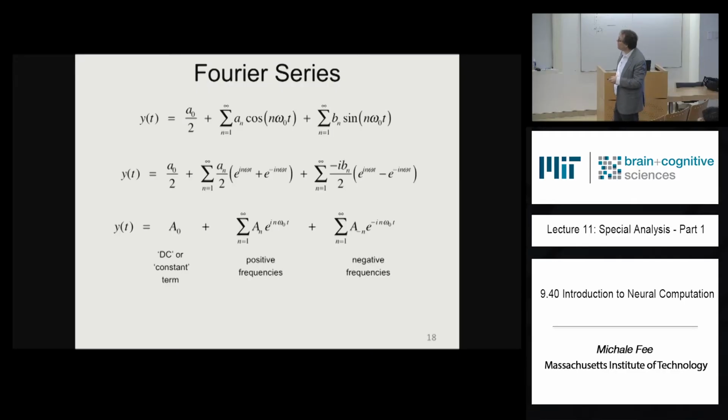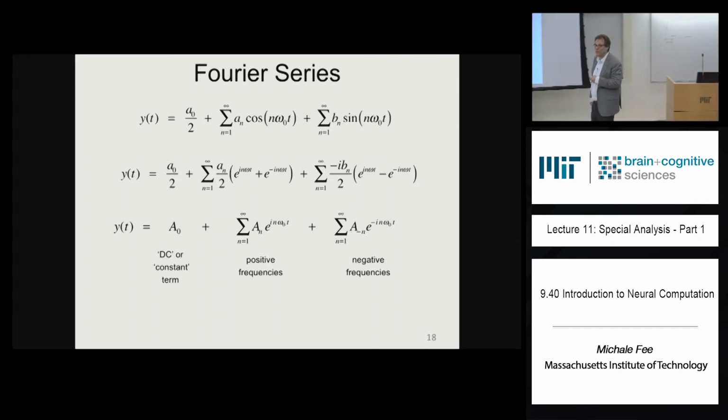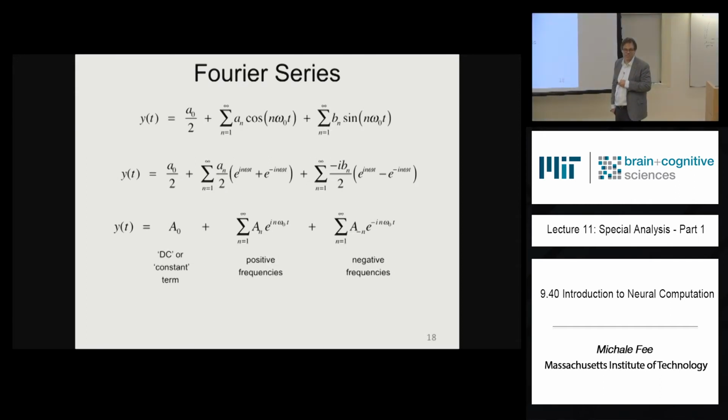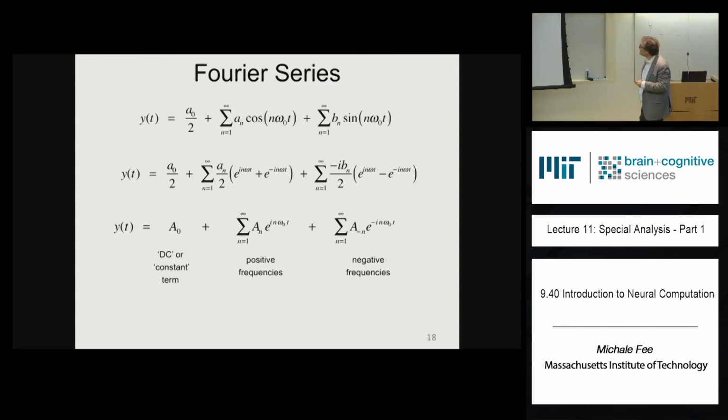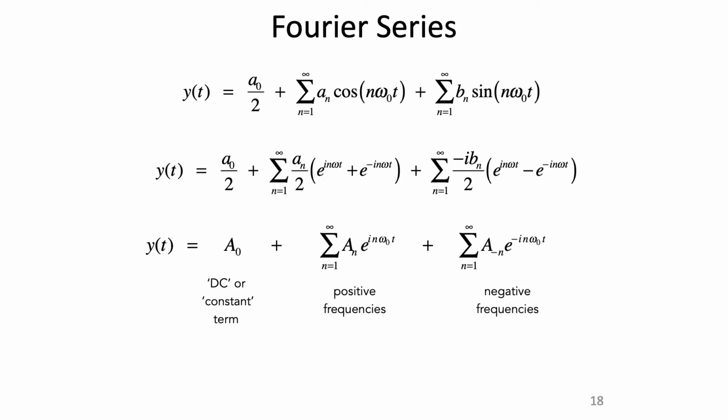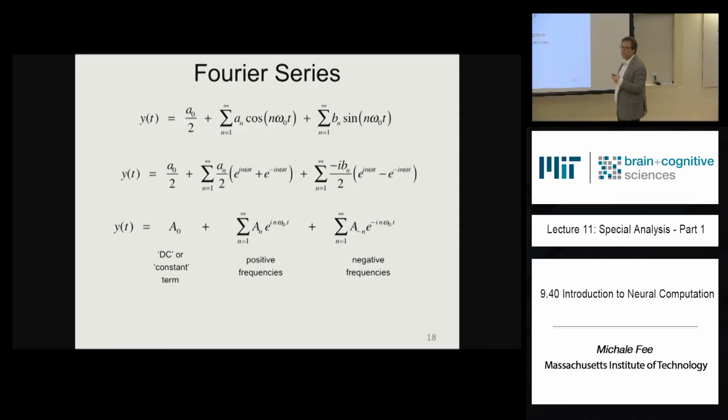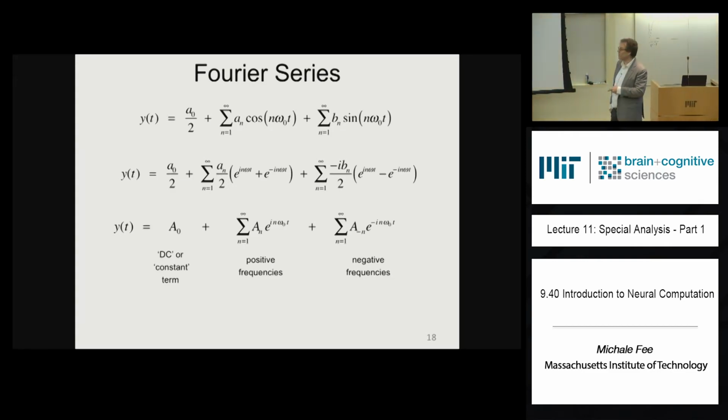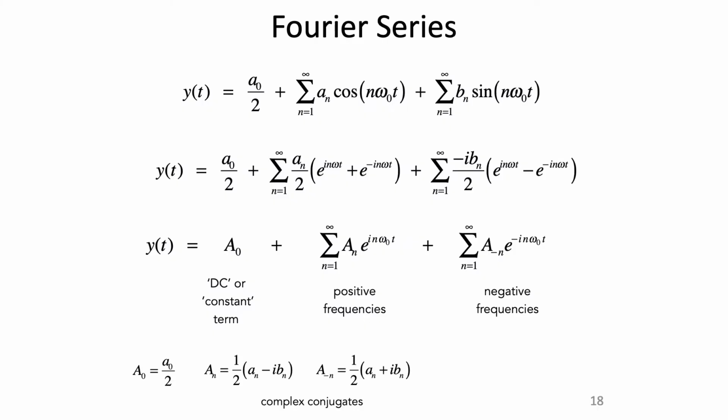And now we still have a sum of 3 things, so it doesn't really look like we've gotten anywhere, right? But notice something. If we just put the minus sign into the n, then we can combine these two into one sum. And if n is 0, what is e to the I n omega t? It's just 1. So we can also write this as something times e to the I n omega t as long as n is 0. So that's what we do.